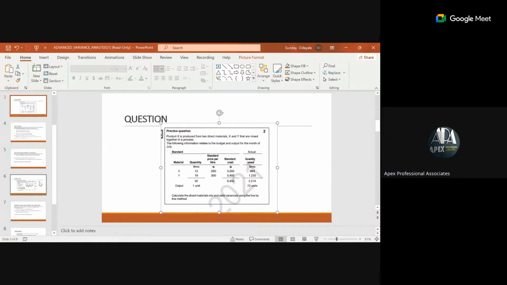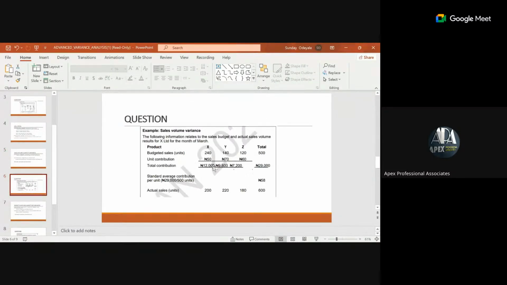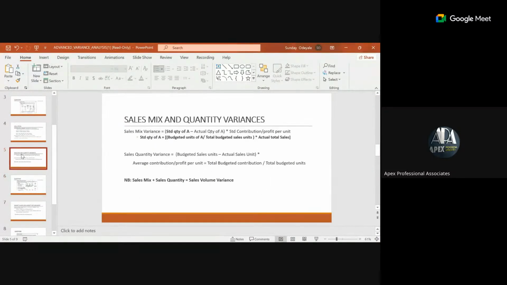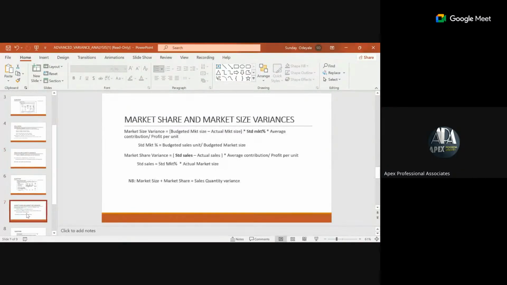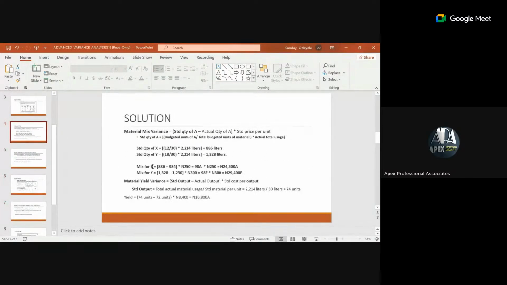And you remember the formula says per output. Sorry, I think I switched this slide. See, the standard said per output. This per output simply means for 1 output.